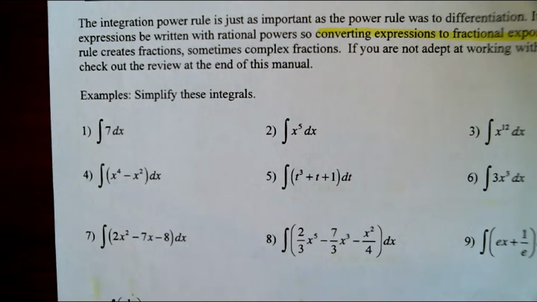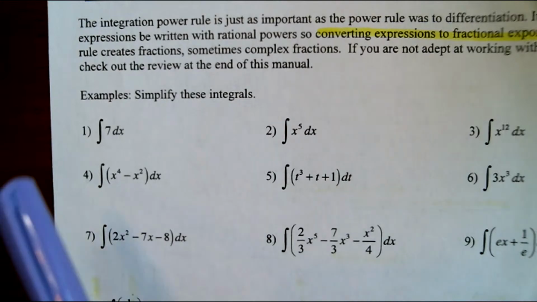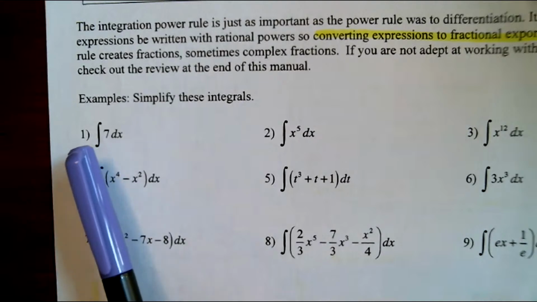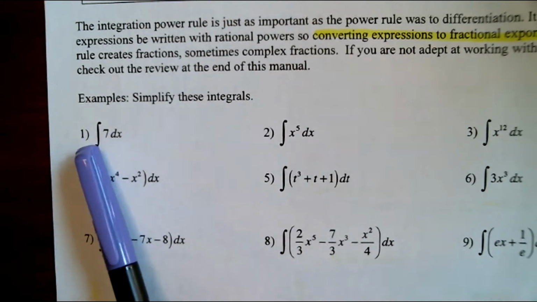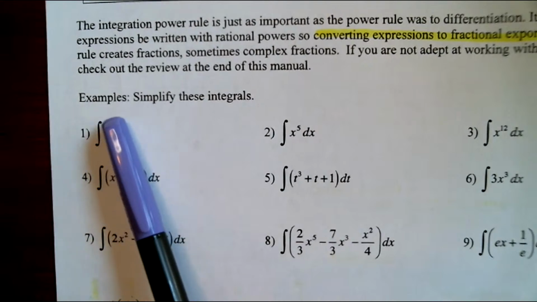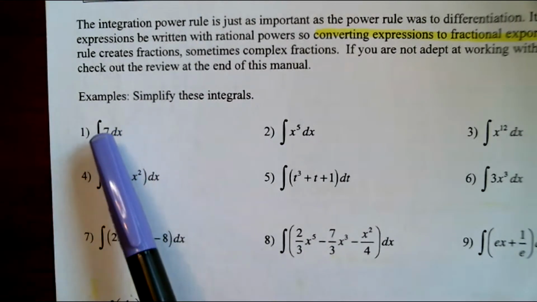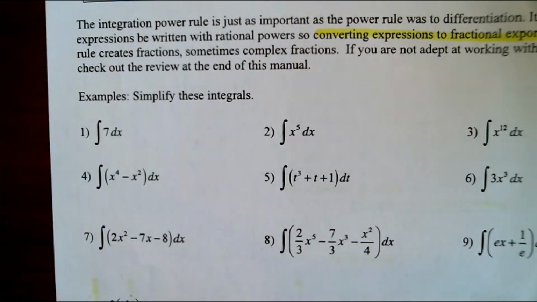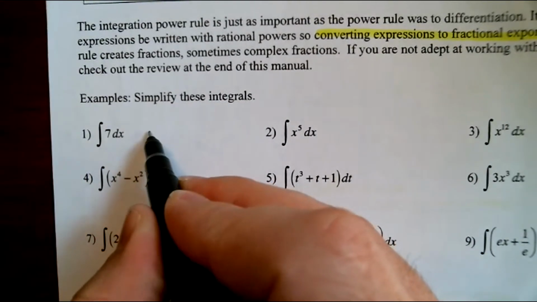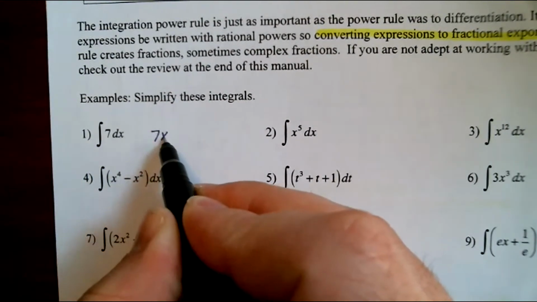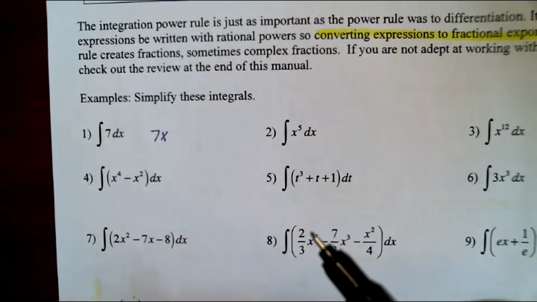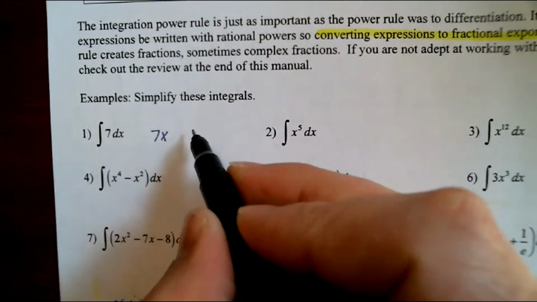A couple different ways to think about this problem. Number 1's pretty simple. Basically, it's saying, if I got this as a result of a derivative, what would be the function that I got it from? Well, that should be pretty plain and simple. If you get 7, it comes from 7x. But then remember that we have to add what to every single antiderivative we take?